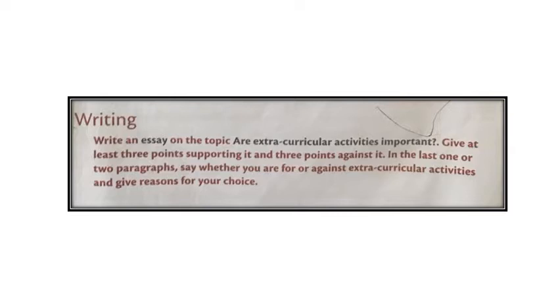And in the last 1 or 2 paragraphs, you have to say whether you stand for or against it, whether you say that extracurricular activities should be there in the school, or whether you say that it should not be there in the school. That should be your last 2 paragraphs.